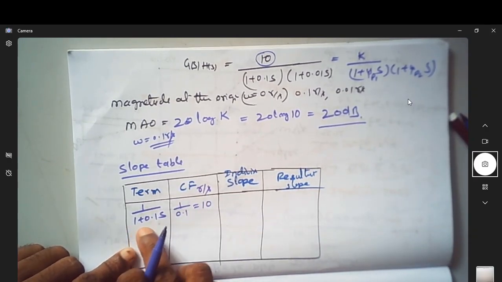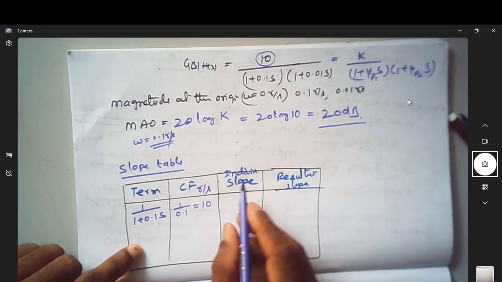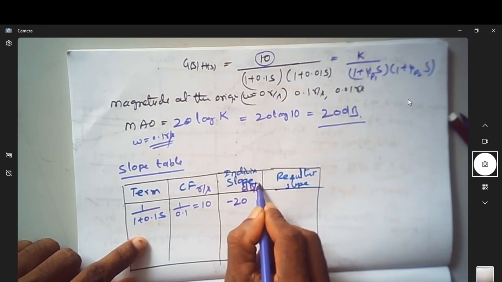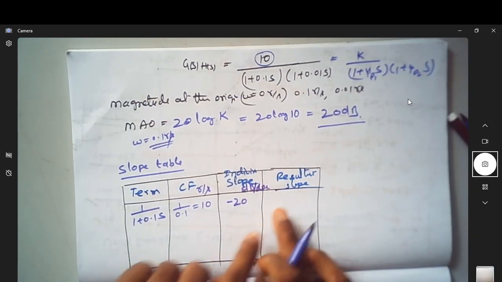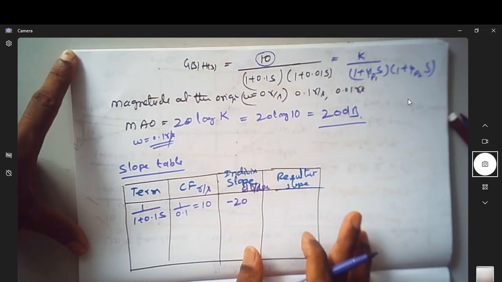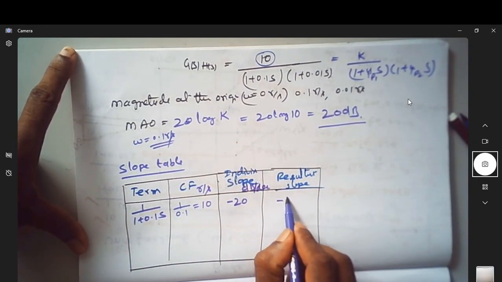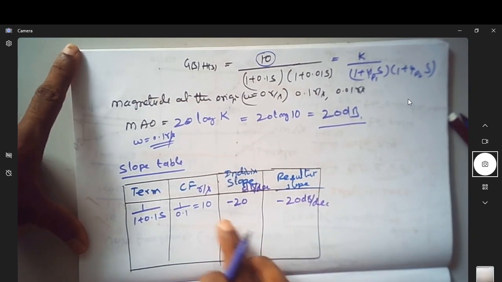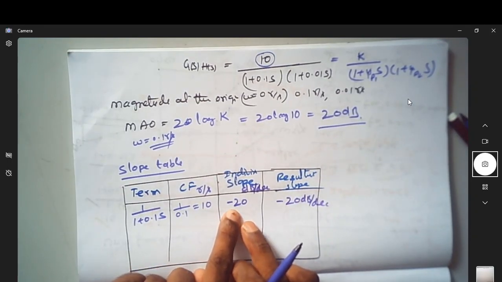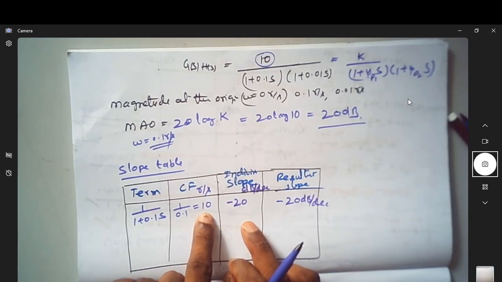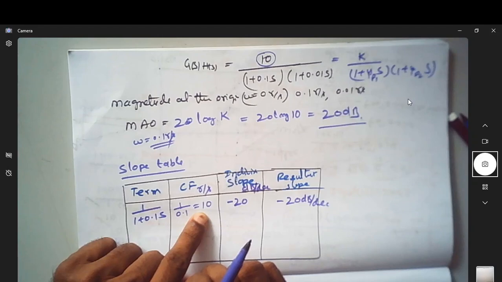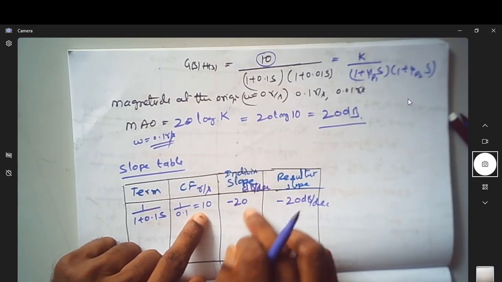Since it's a first order finite pole, its individual slope is minus 20 dB per decade. Prior to this I didn't have any slope. So the resultant is also minus 20 dB per decade, meaning this is my slope starting at 10 radian per second. Before 10 radian per second I didn't have any term with some slope, so that's why these two are the same.